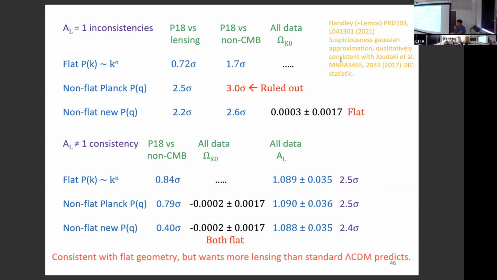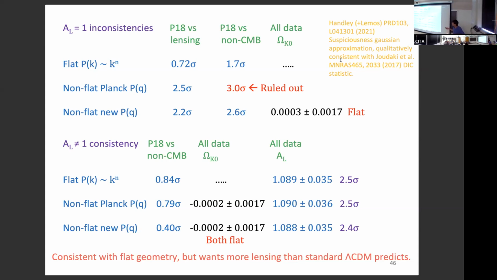So it's slightly consistent with closed geometries. And so you would naively think that when you combine something that's slightly consistent with closed geometries to something that's more consistent with closed geometries, you would get closed geometry. And you don't. The reason this is happening is because there's a degeneracy between omega k, omega matter, and H naught.